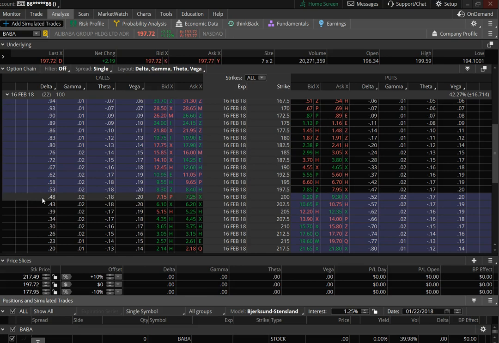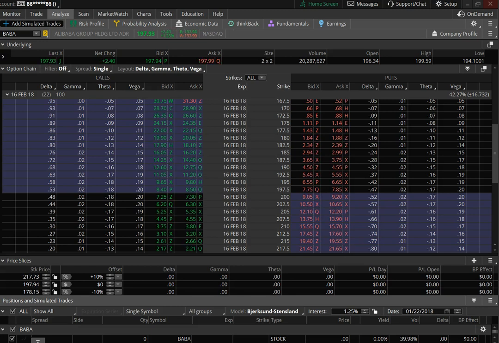It's really a 50-50 shot, isn't it? So if I have a stock that's $200 and I do the 200 strike price, it could go up, it could go down. It has a 50-50 chance of going up and a 50-50 chance of going down. So it only makes sense that my delta is going to be 50, and I'm going to make 50 cents on every dollar move. Okay? Very important to understand those two things.